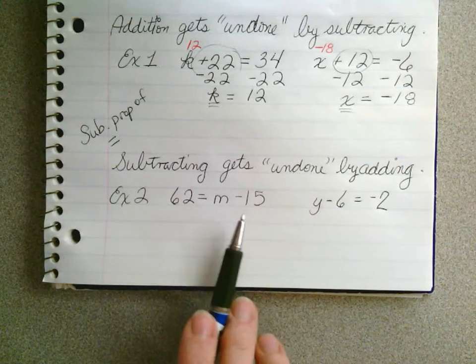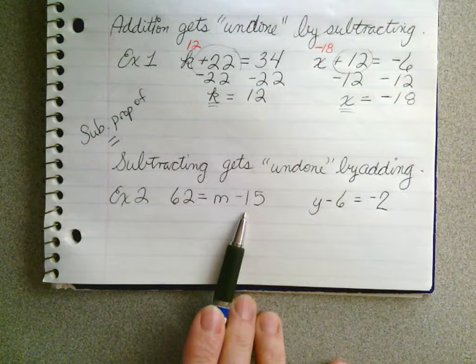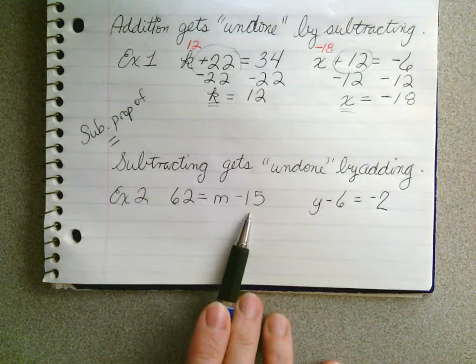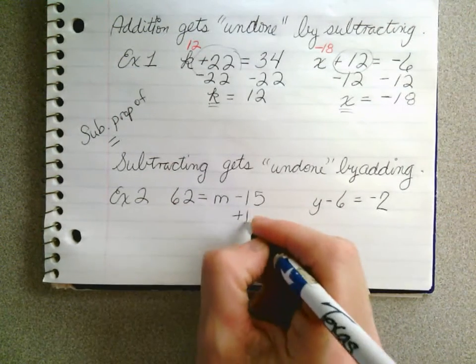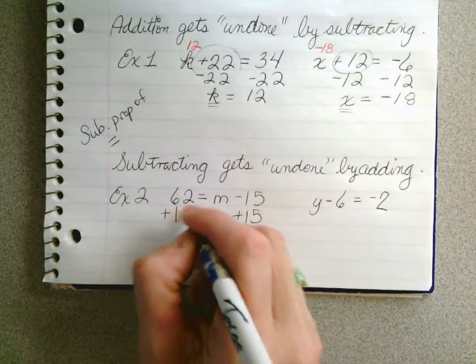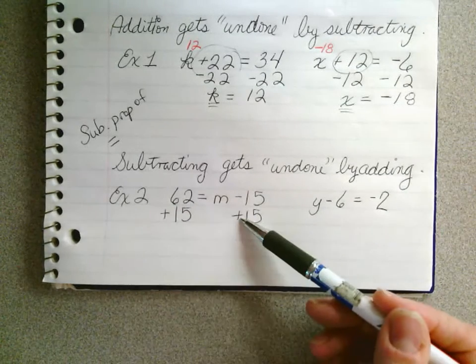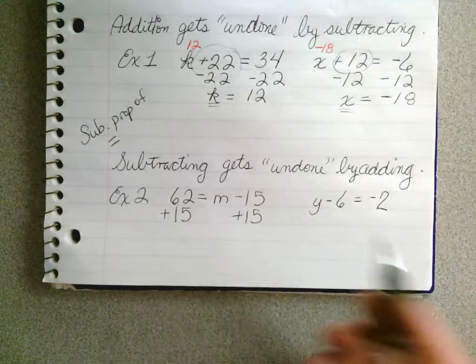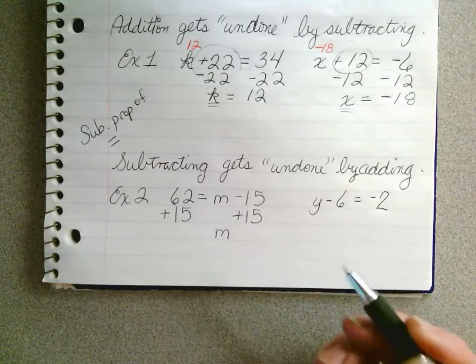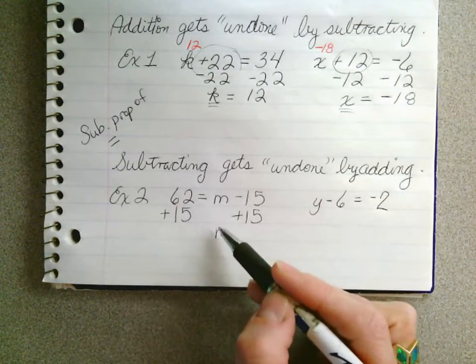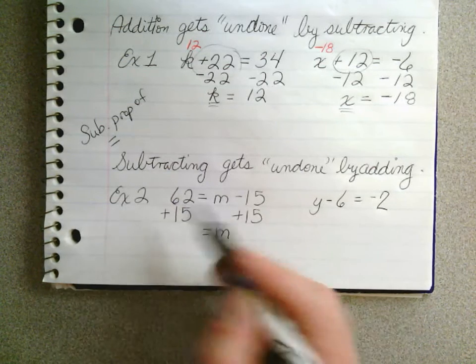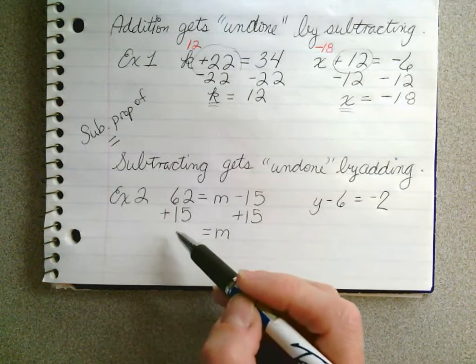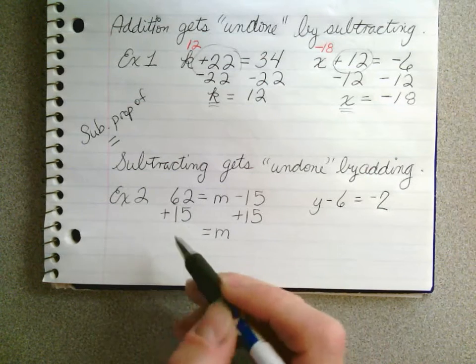What will we add to both sides to undo that subtraction of 15? Looks like you're saying add 15 to me. You are right. By adding, we have undone this subtraction, eliminating that minus 15, leaving me only m. And m is going to be equal to 47?